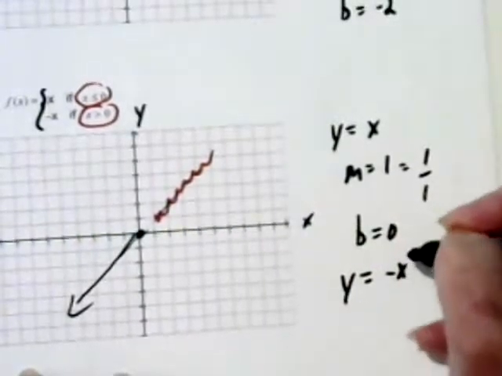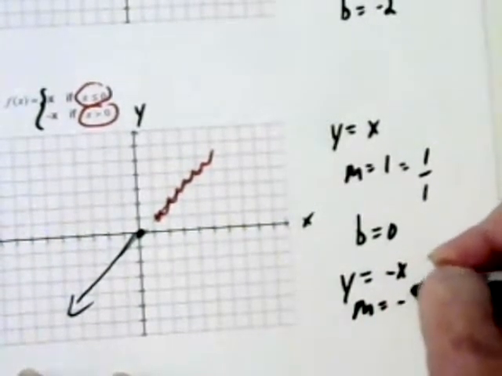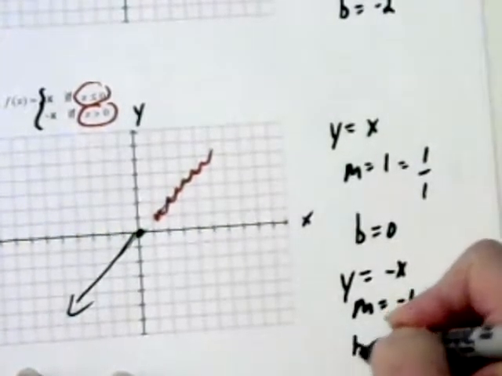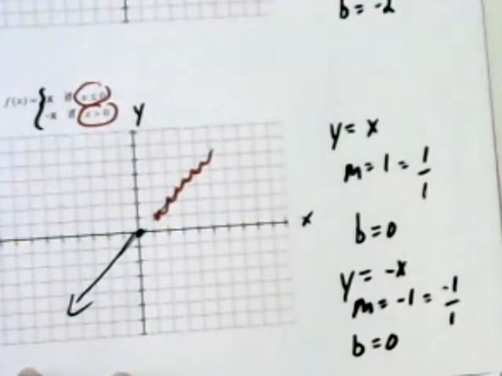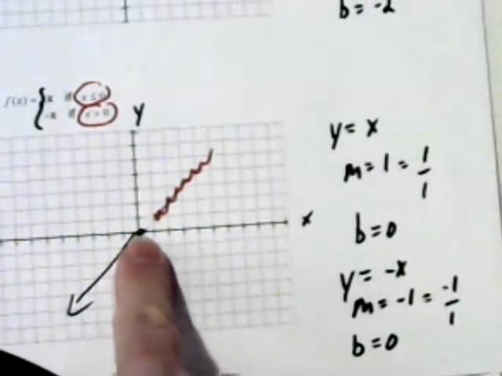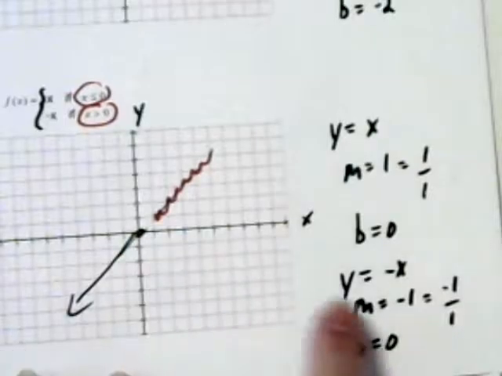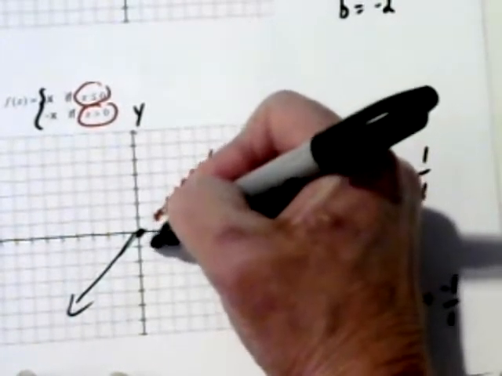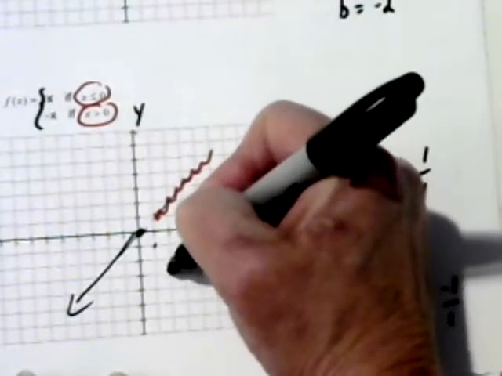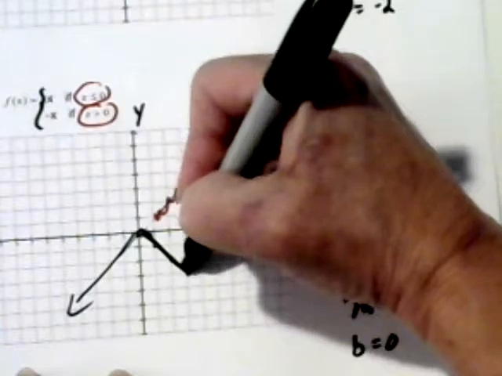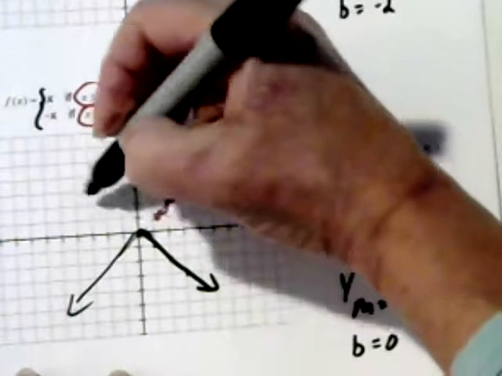Let's take a look at this equation now. Y equals negative x. Our slope is negative 1, which would be negative 1 over 1, and our b again is 0. So to start to graph, we go to our y-intercept of b. In this case, our slope is negative 1 over 1, so we would go down 1 over 1, down 1 over 1, down 1 over 1, and our line would be going like this.